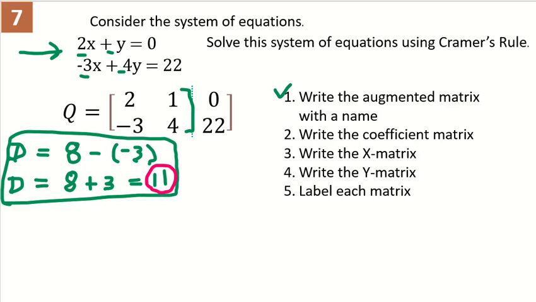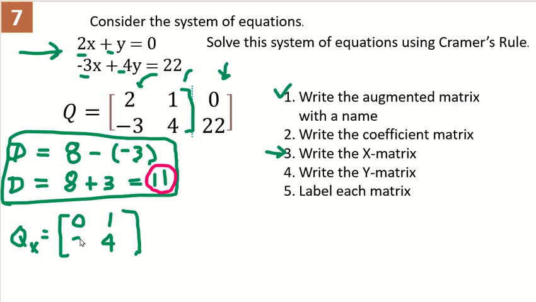All right, now we're going to write the X matrix. Okay, the X matrix is where we take the coefficient matrix, which was 2, negative 3, 1, and 4. I'm going to take my X's out. So my Q matrix, call it our X matrix of Q, is going to equal to the coefficient matrix, where we take out the X coordinates and then we replace it with the constants, 0, 22.